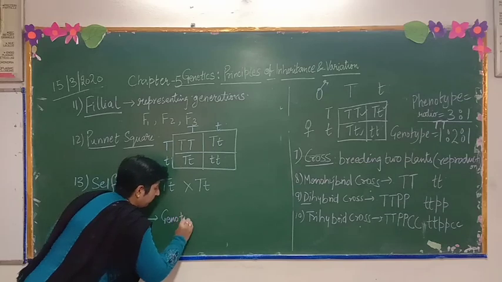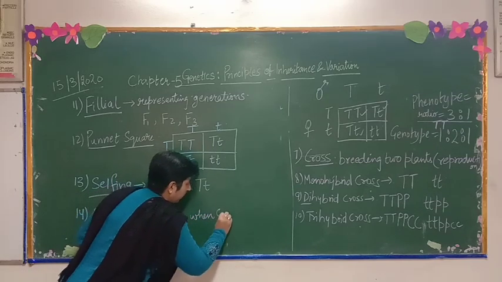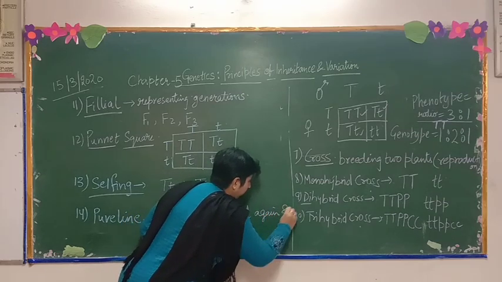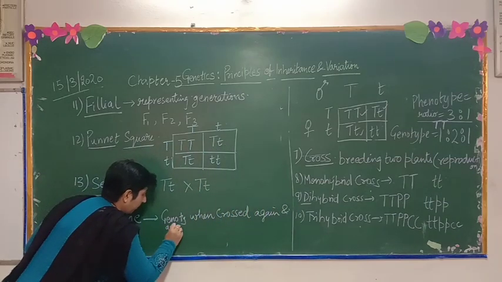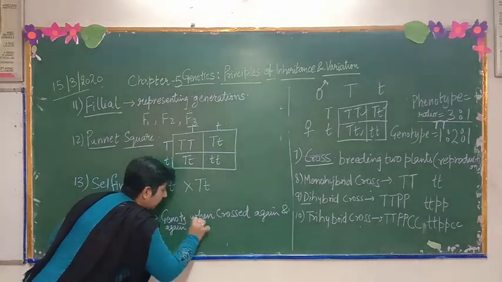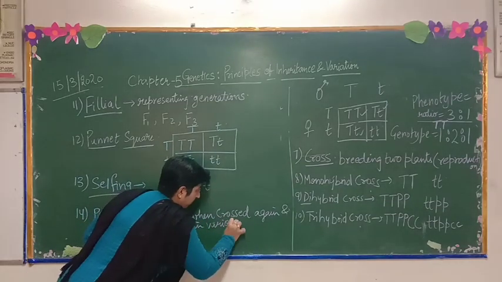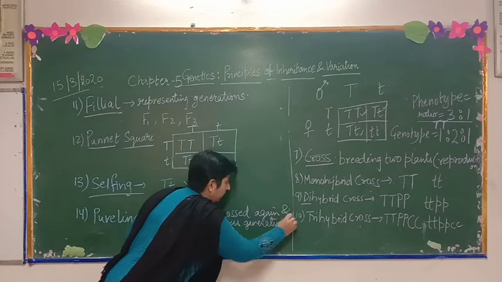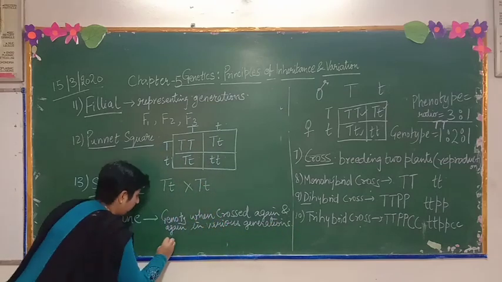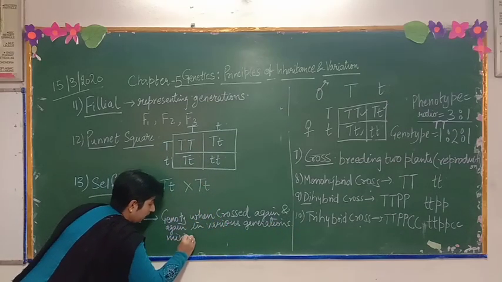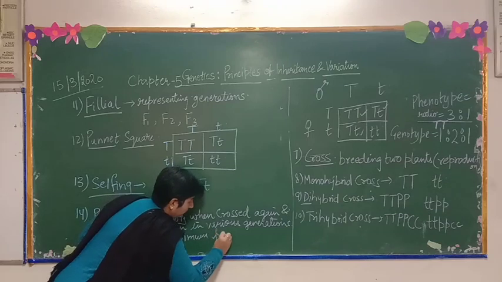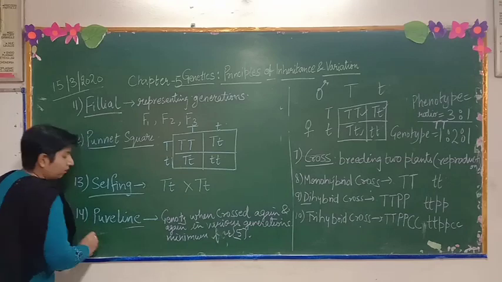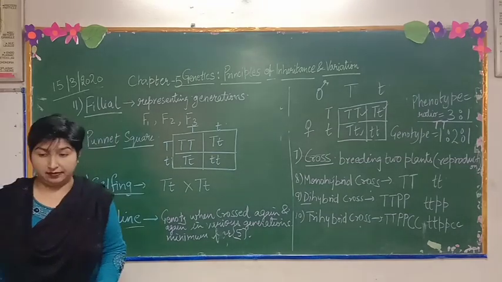Genotype, when crossed again and again for a minimum of 5 generations, makes the pure line breed. Pure line. Thank you.